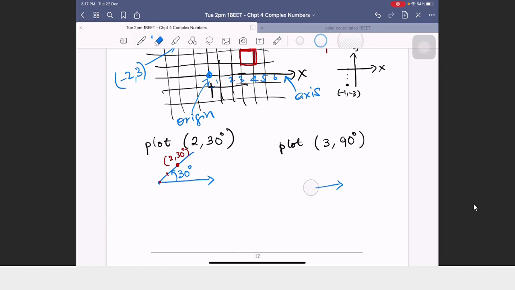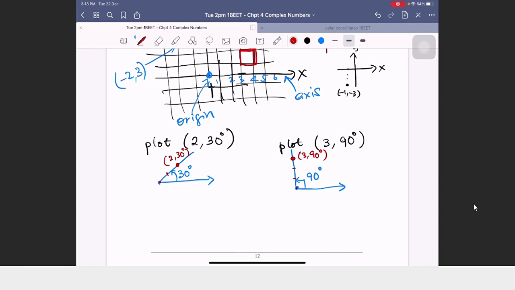Again start from the pole, draw the polar axis, and then 90 degrees is straight going up. So this is your 90 degrees. Identify your angle first and then just measure 3 units from the pole, assuming 1, 2, 3. So that's the coordinate (3, 90 degrees).